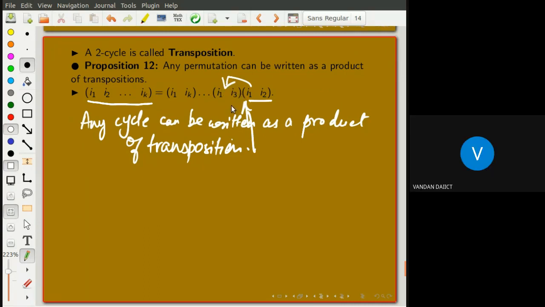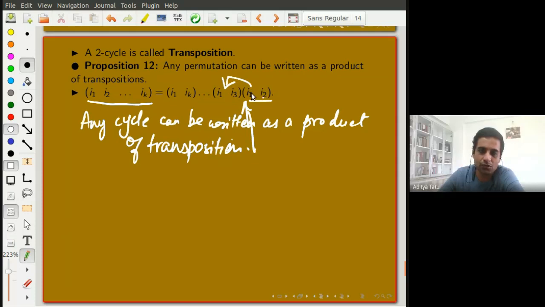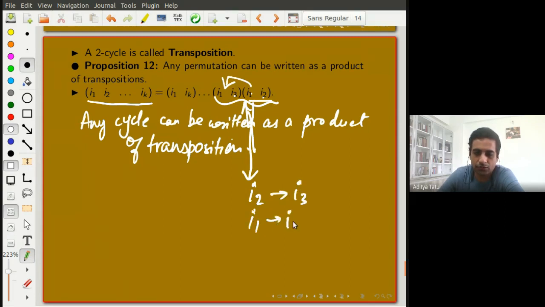I2 goes to I3, exactly, because I2 goes to I1, I1 goes to I3. So combining these two, we can write that I2 goes to I3 and I1 goes to I2. Similarly, you can easily verify that this side is equal to this. So that is the proof for this result.